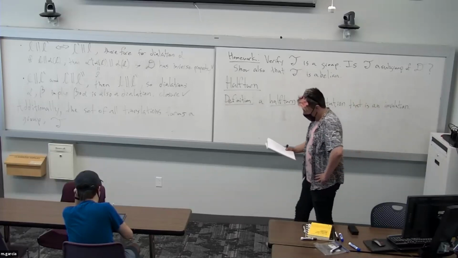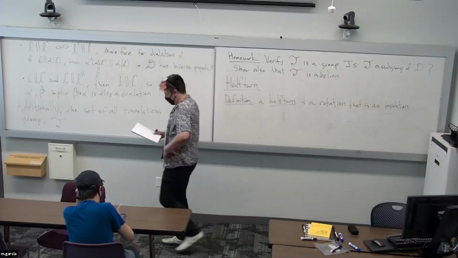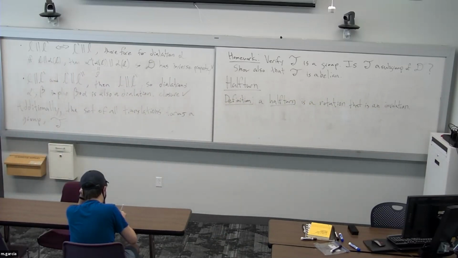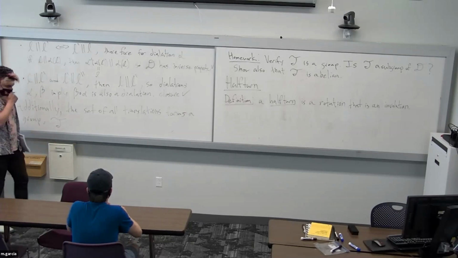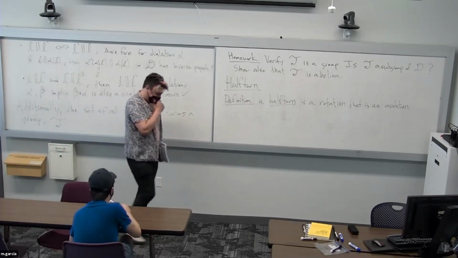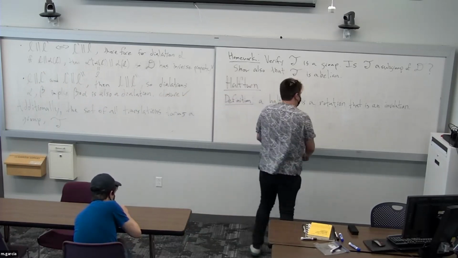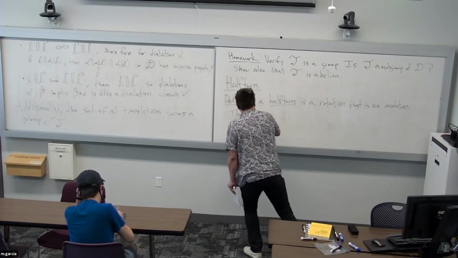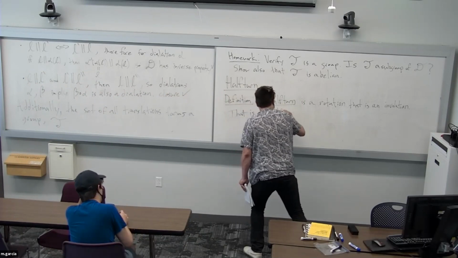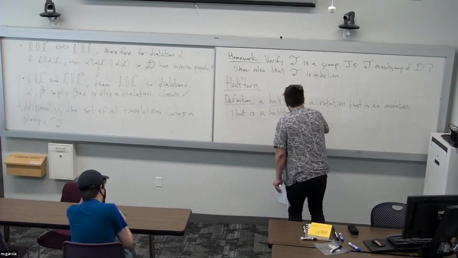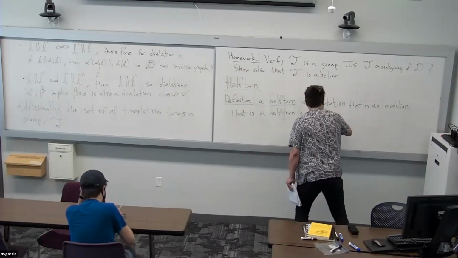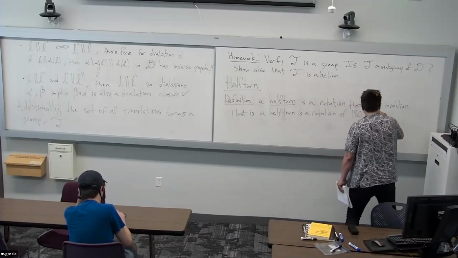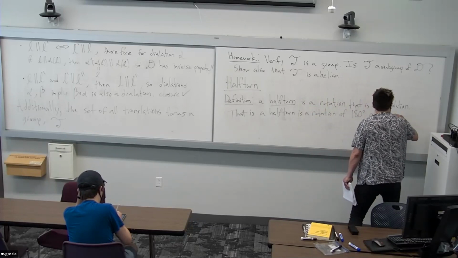In other words, what kind of rotation, when you do it twice, gets you back to where you started? 180 degrees. Yeah, exactly. In other words, a half turn is a rotation of 180 degrees about some point.